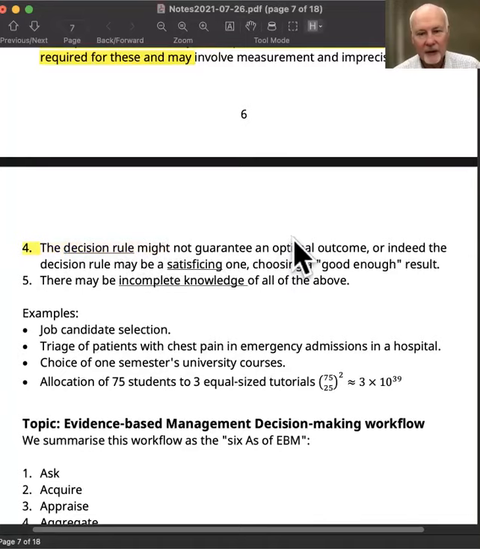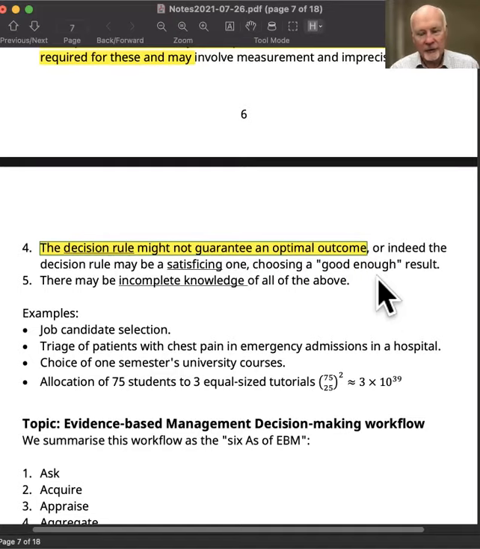So the key idea here is in the pure rational choice model, the objective is to get the absolute best possible alternative. But what we often do is we use what is called a satisficing approach. And that is that we decide, well, it's going to be too hard or take too much time and resources to figure out for sure what the absolute optimum alternative is.